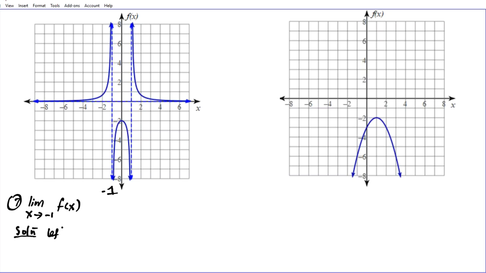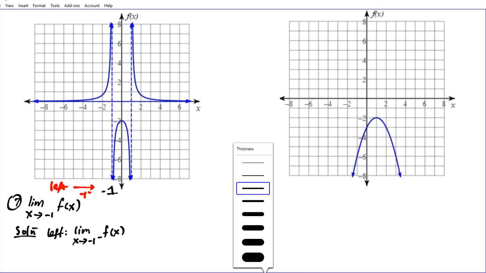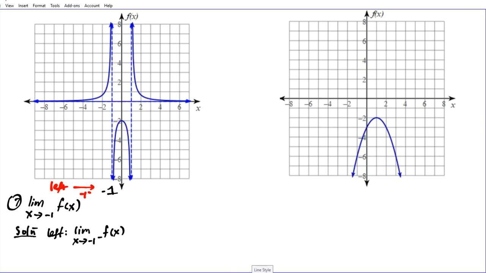Okay, so let's start from the left. So from the left, we're looking at the limit as x approaches negative 1 from the left of the function. The question is, what are we approaching?